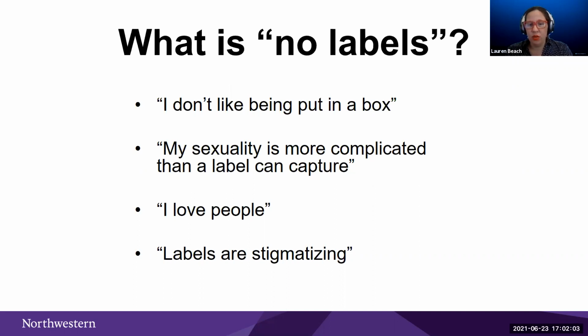People may not wish to use a specific word to describe their sexual orientation, or sometimes people's identity itself becomes no labels, which is a little bit counterintuitive, but you might also see this. And oftentimes people who say no labels may also be multi-gender attracted. That's not uncommon, but it's not always true.